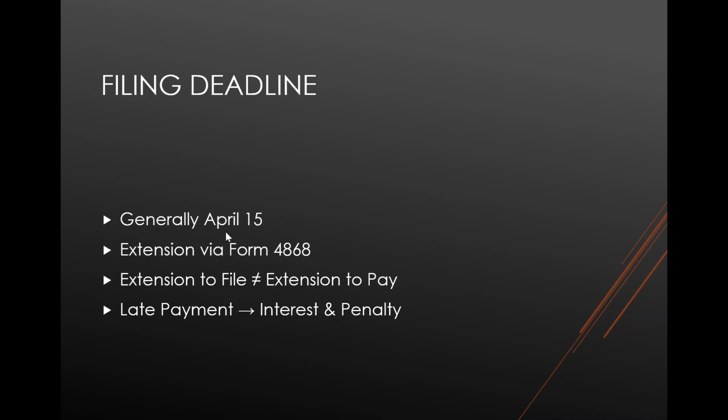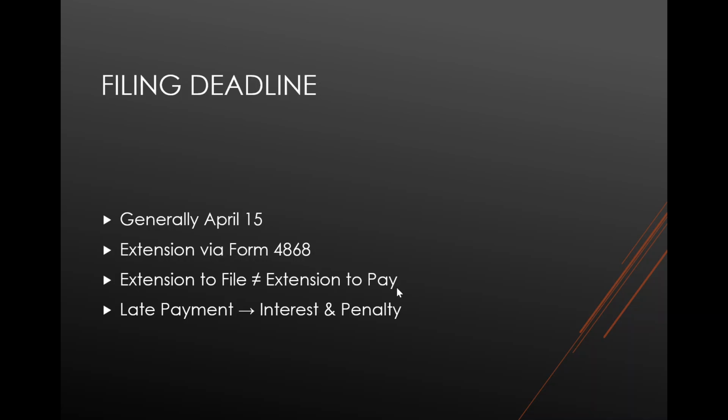But they can also take the extension, and the extension application can be filed via form 4868, and extension can be granted till October 15. So 6 month extension can be granted, but please note, extension can be granted for filing. So extension to file is not equal to extension to pay.